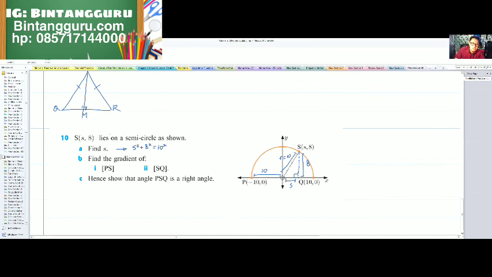Or in this case, this is a Pythagorean triple. I have told you about it. So this is 6, 8, 10, so basically S equals 6. S squared plus 64 equals 100, S squared equals 36, so S is 6. So the answer is 6.